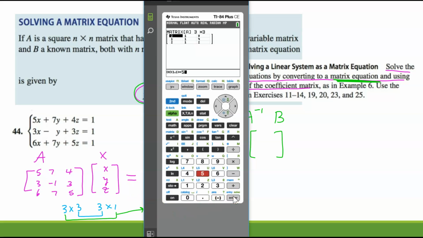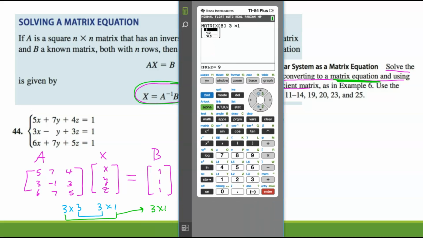We have 5, 7, 4, 3, -1, 3, and then we have 6, 7, 5. Okay, we'll look at matrix B. Matrix B is 3 rows, 1 column, and matrix B is 1, 1, 1.